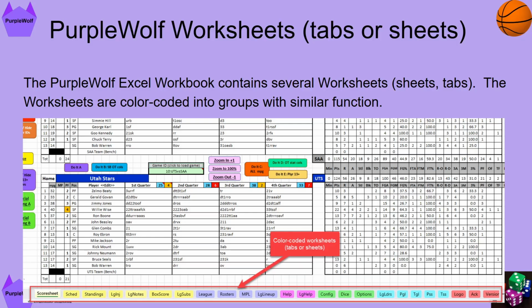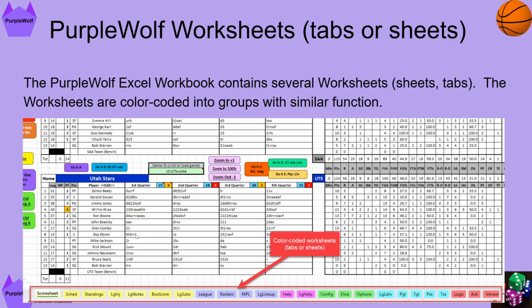That's convenient because you can store different kinds of information on each sheet, and PurpleWolf definitely takes advantage of that. The word worksheet in Excel is basically synonymous with tab or sheet. You'll hear me probably say all three of these words in these videos, but they all mean the same thing.